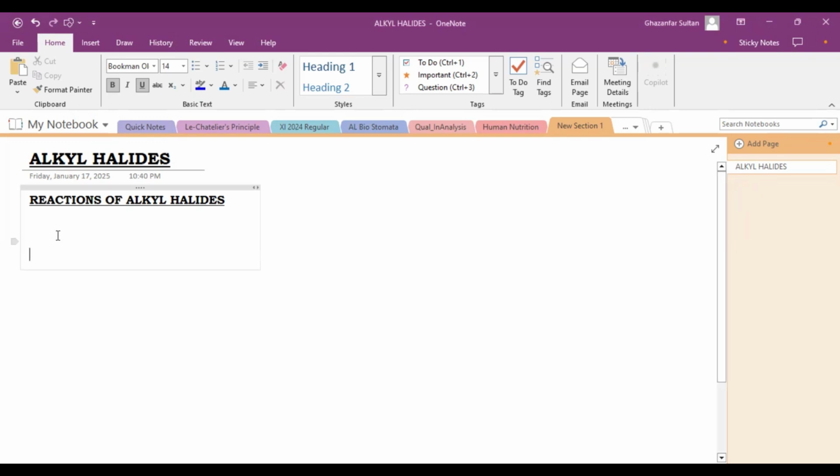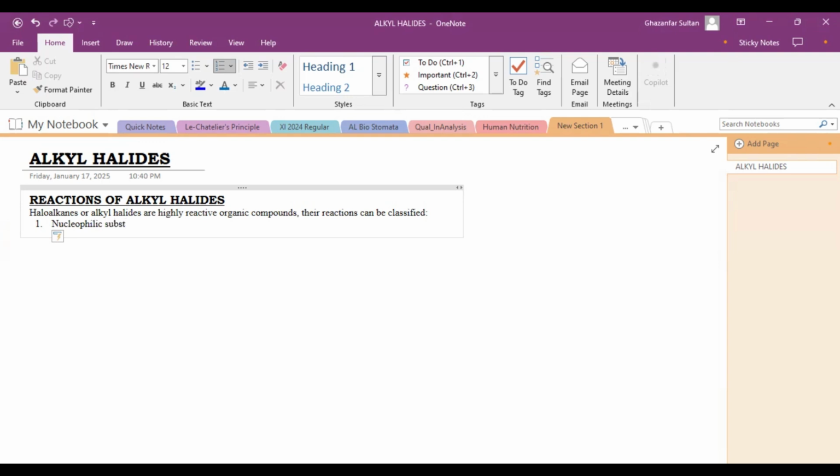See one by one, and these are nucleophilic substitution reactions, organometallic reactions, and elimination reactions.